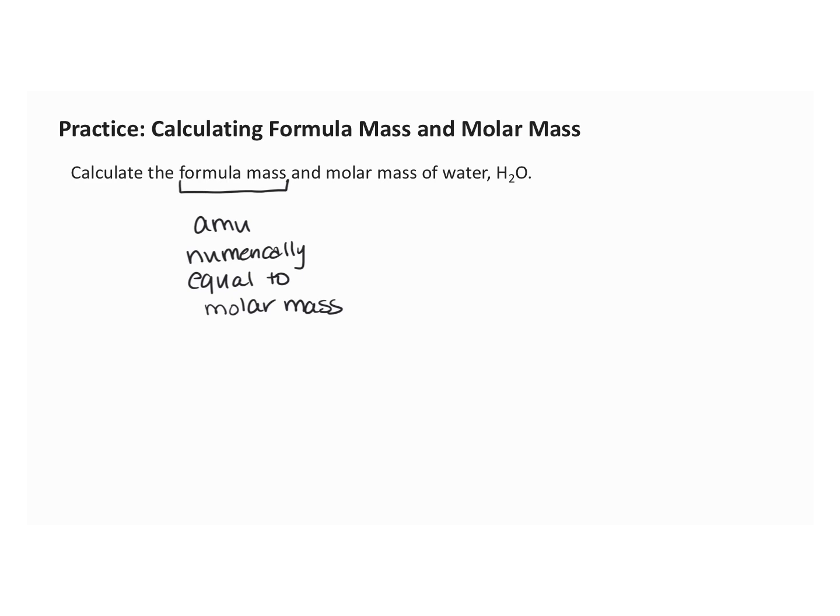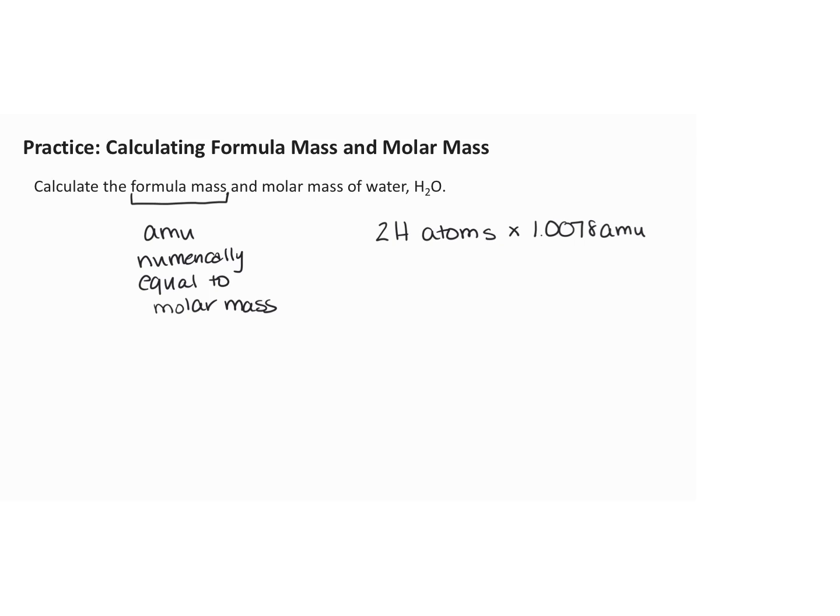So if we were to look at water, for example, this is how we calculate these. We would say, look, there's 2 hydrogen atoms times, we'd look at the periodic table and see 1.0078 AMU. All right, and that would give us 2.0156 AMU.